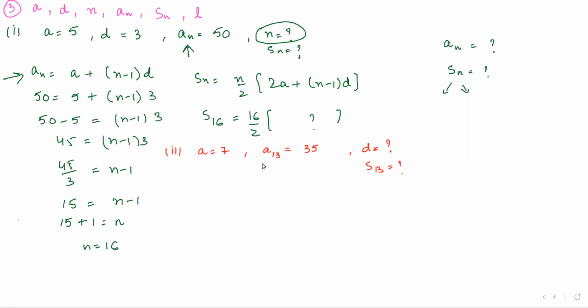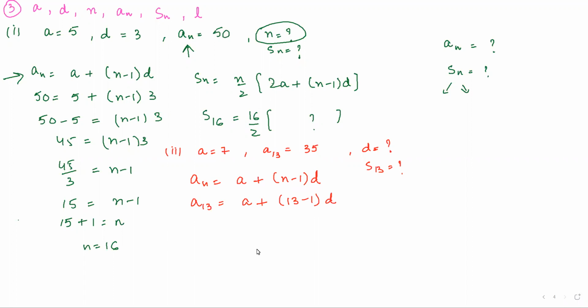So we start from here. First write an is equal to a plus n minus 1 into d. So a13 becomes a plus 13 minus 1 into d.